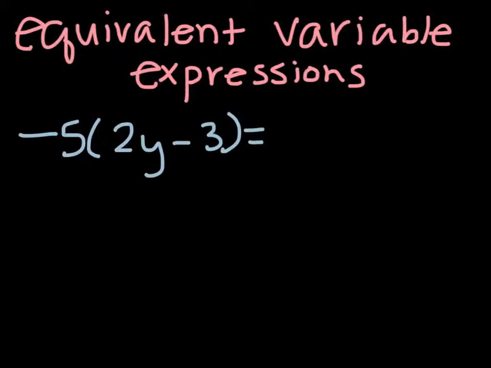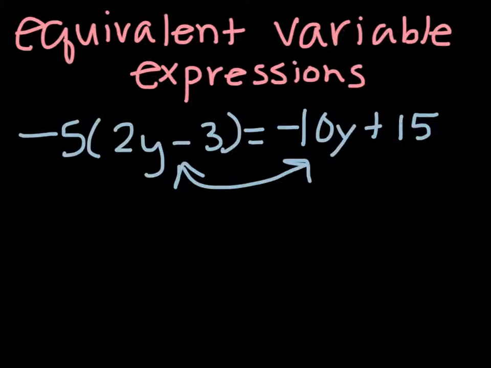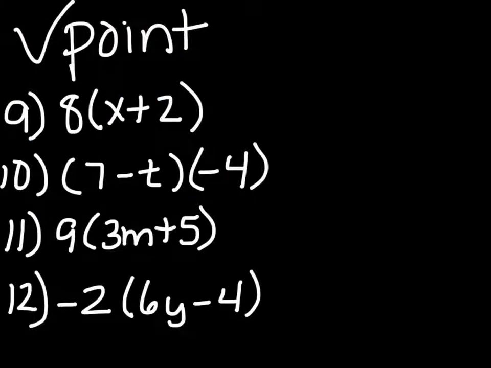Using the distributive property, negative 5 times 2y will give us negative 10y plus 15. These two expressions are equivalent variable expressions. It's time to try these on your own. Use the distributive property to write an equivalent variable expression for each of the following expressions.